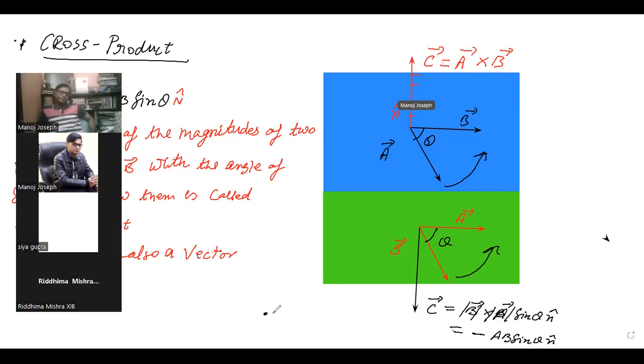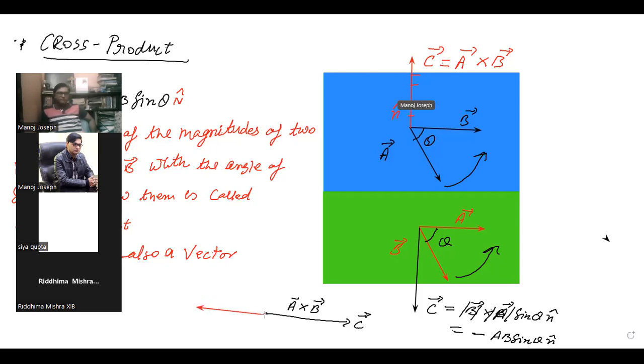So if vector A is cross multiplied with vector B, this is the direction of vector C. But what happens when we multiply B with A? First we take B, then we take A.